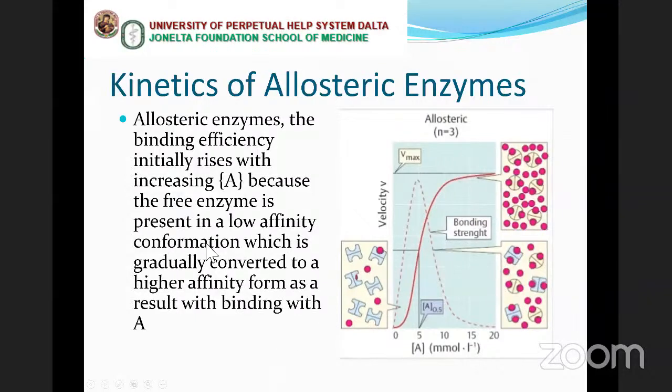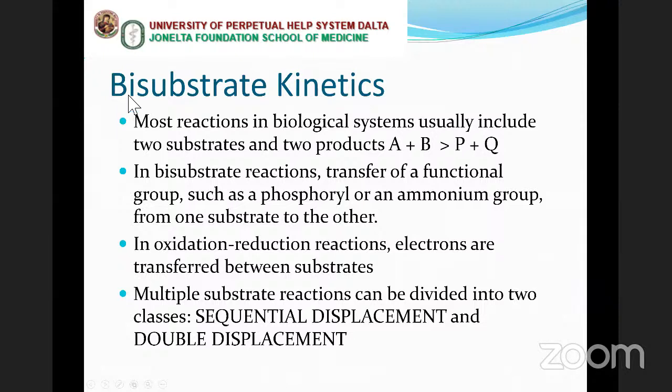So this is gradually converted to a higher affinity form as a result of the binding of A. That is why your isosteric would follow your hyperbolic curve. This one would follow your sigmoid. Okay. So this would explain your bisubstrate kinetics.